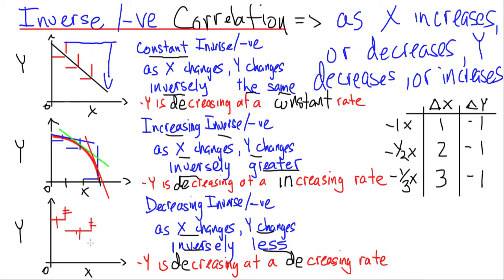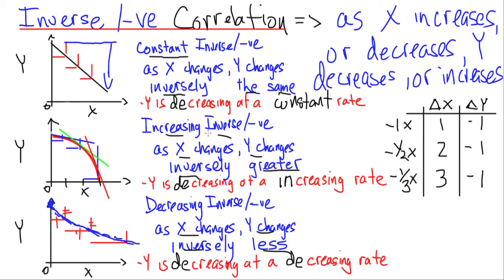Next, as x increases by 3, y decreases by 1. To draw this, let's start here and go through the right angles. We start to see a downward sloping line because y is decreasing, but it's getting flatter.